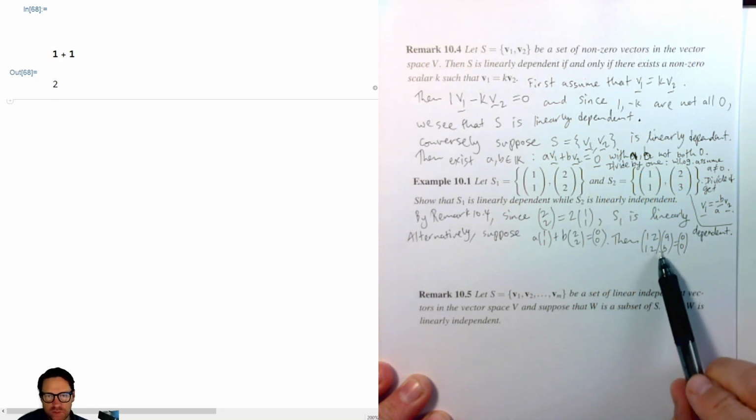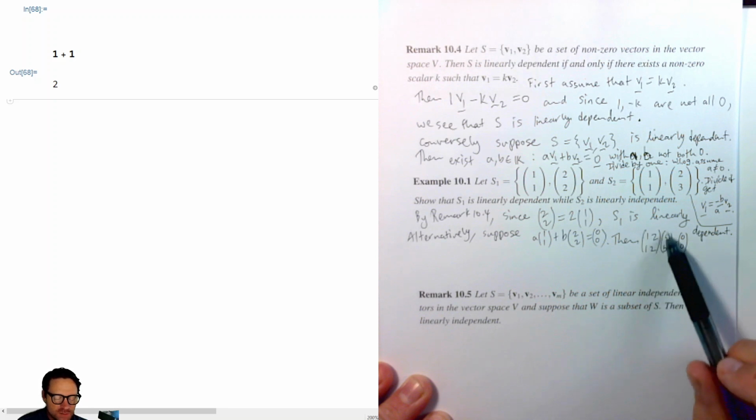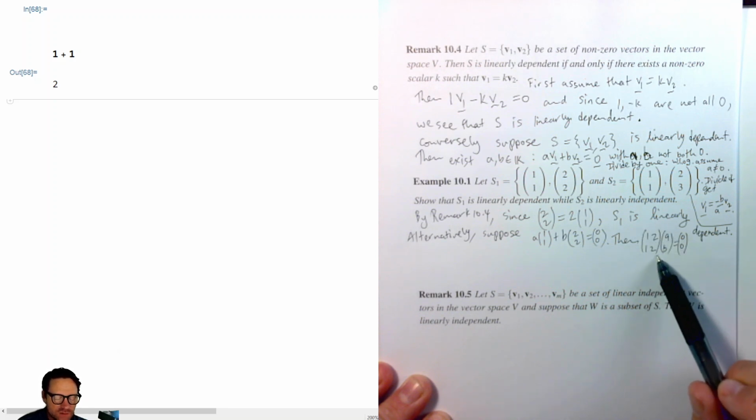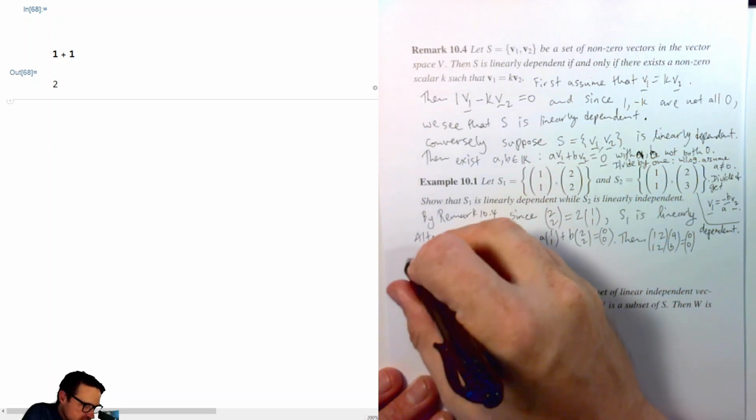Okay, now what happens when we try to solve this system for a and b? Well, this matrix A here is not invertible, so we will have to parameterize our solutions. All right, so let's have a look at this via row reduction.